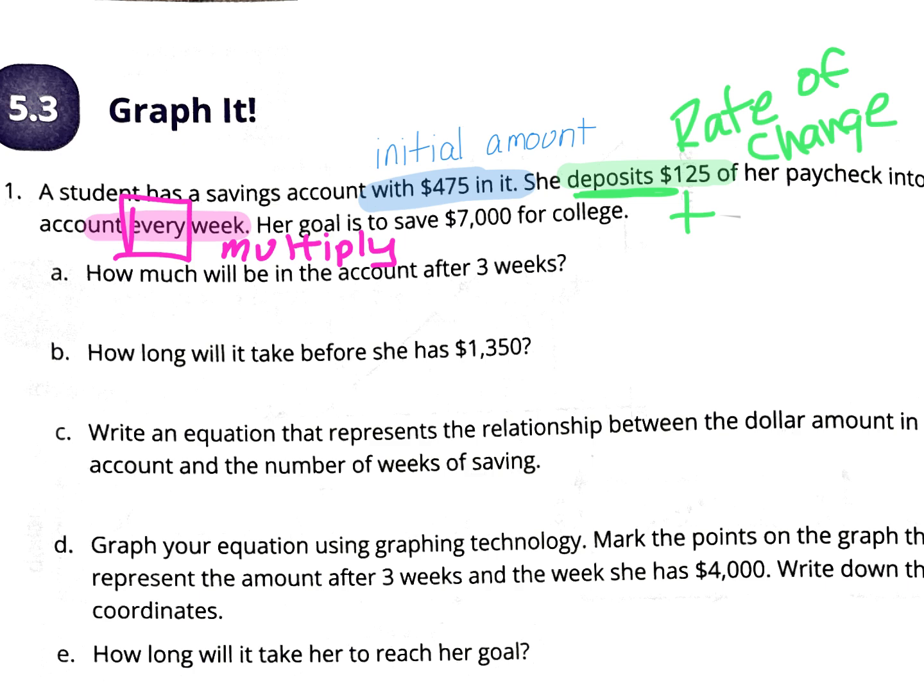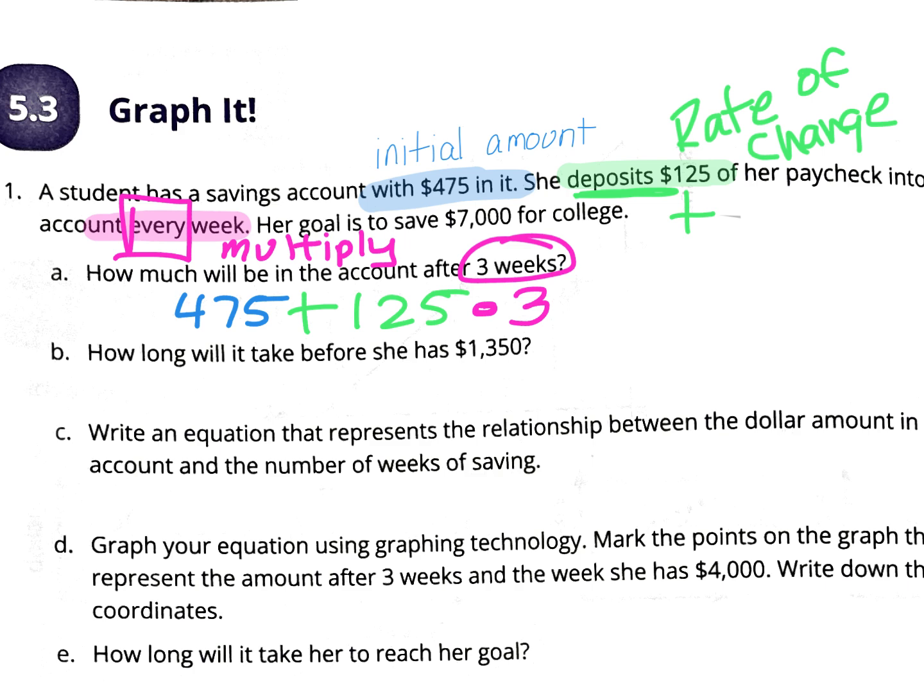So we need to take that $475 that she started with plus $125, and we're going to multiply it by 3 because it says 3 weeks.